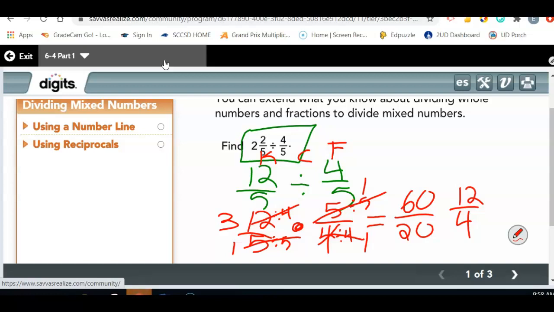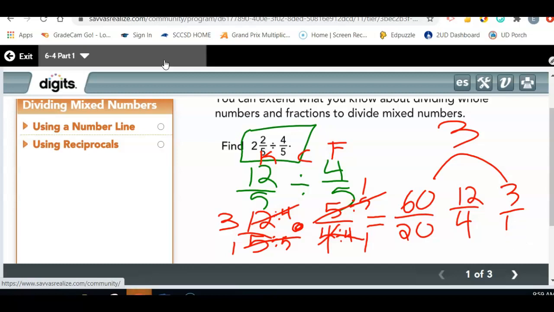Multiply across. 3 times 1 is 3. 1 times 1 is 1. All of these simplify to what? Ileana? 3. 20 goes into 60 3 times. 20, 40, 60. 4 goes into 12 3 times. 4, 8, 12. 1 goes into 3 times.